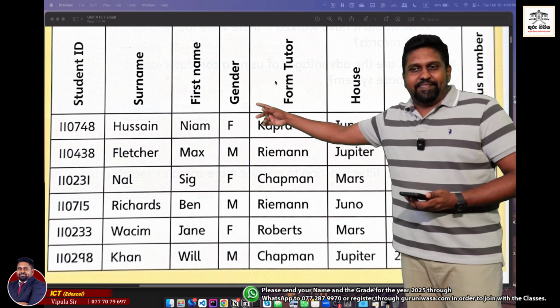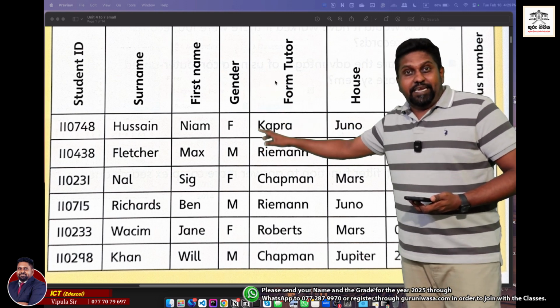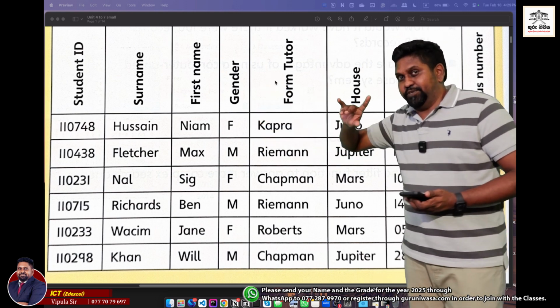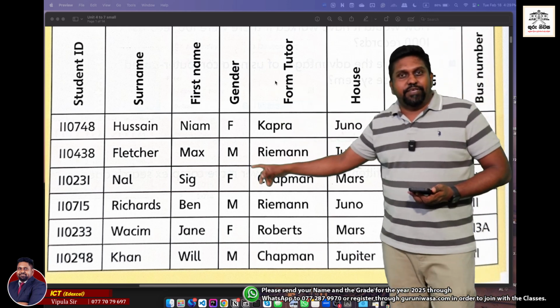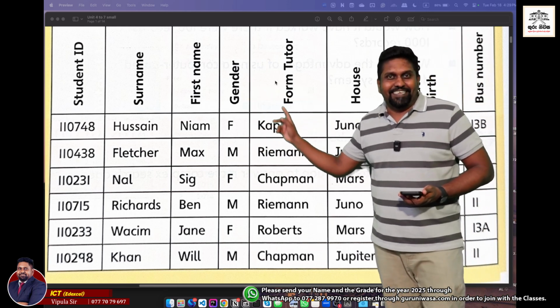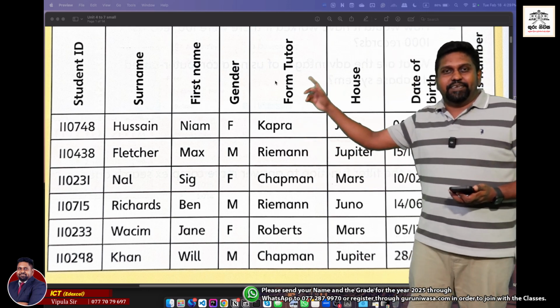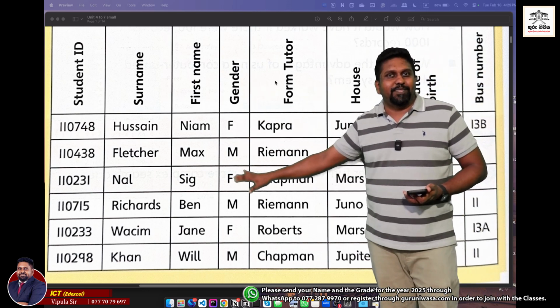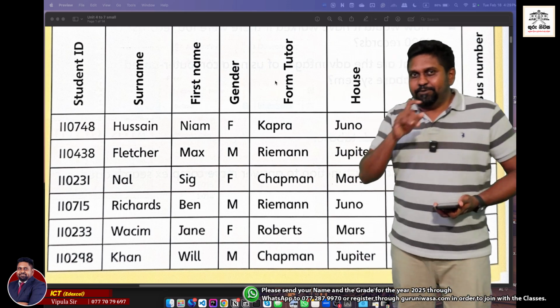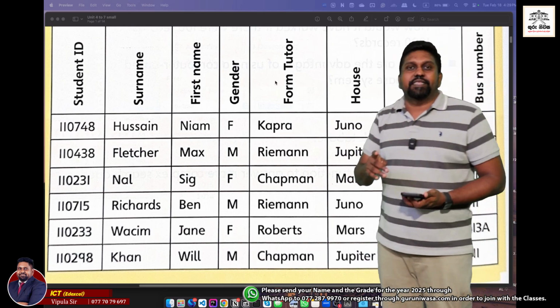We entered this into an Excel sheet last week, and if you remember, we did filtering. We sorted this according to different columns, and we filtered it, and we went through all the structures. If you missed that video, or if you missed the lecture, please go and check that link in the LMS.